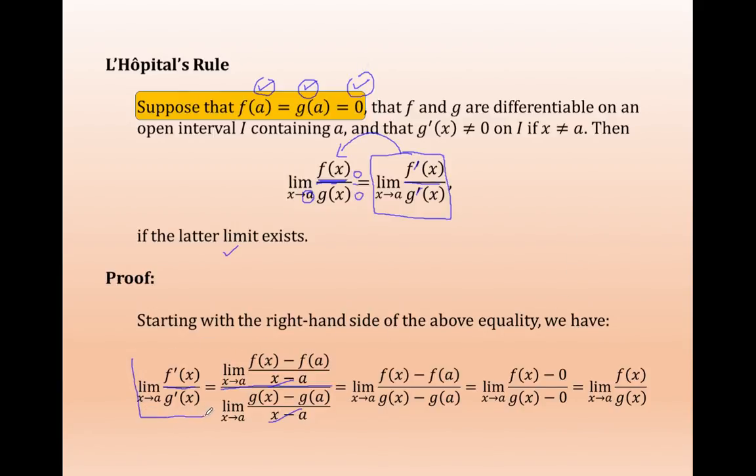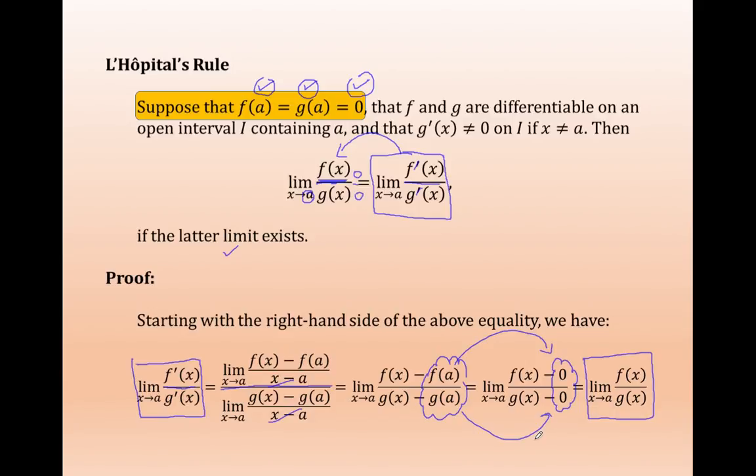Starting with the limit of f prime of x over g prime of x, I can prove that is the same thing as the limit as x approaches a of the original functions, given that what? That only works if f of a is equal to g of a, which is 0 over 0. That's really important.